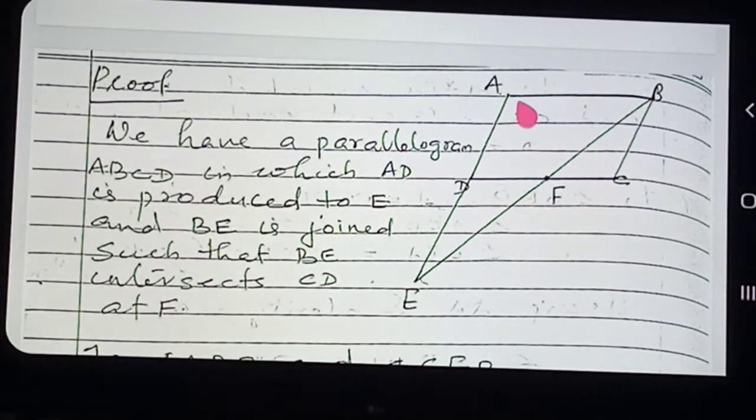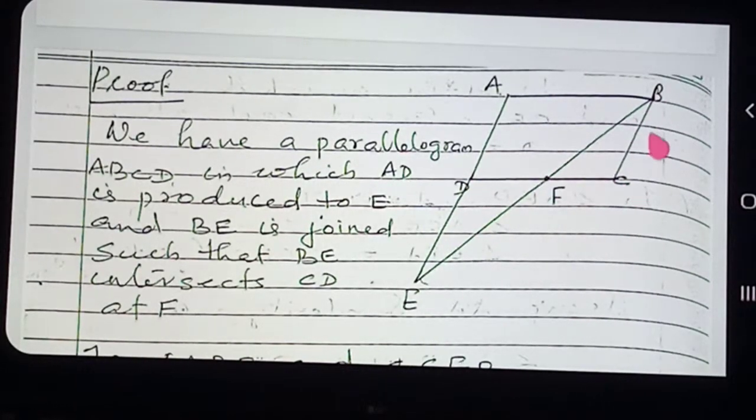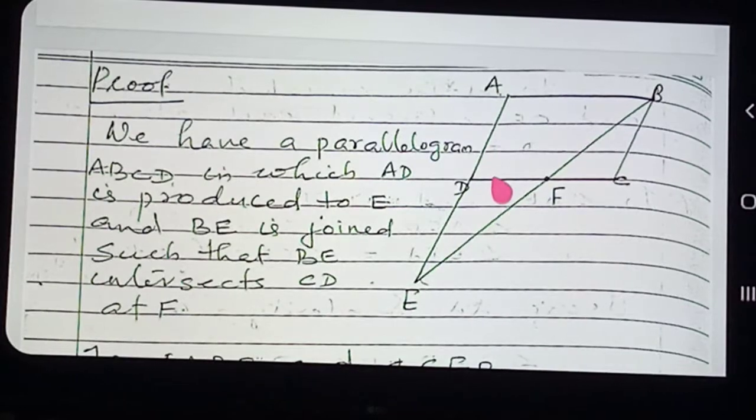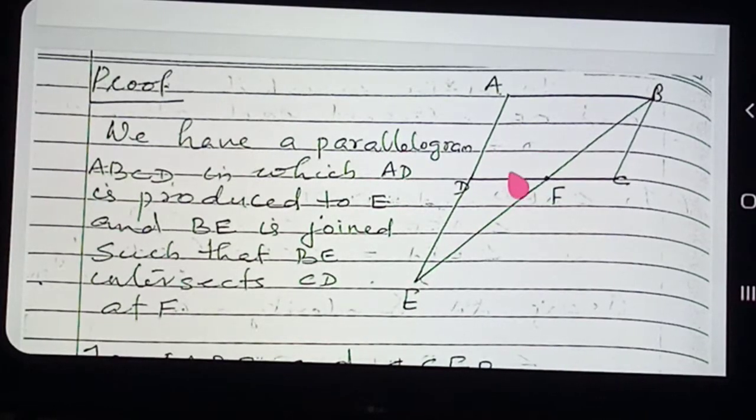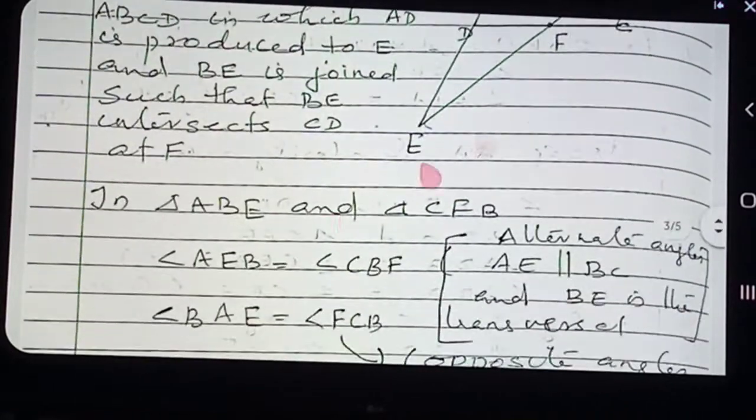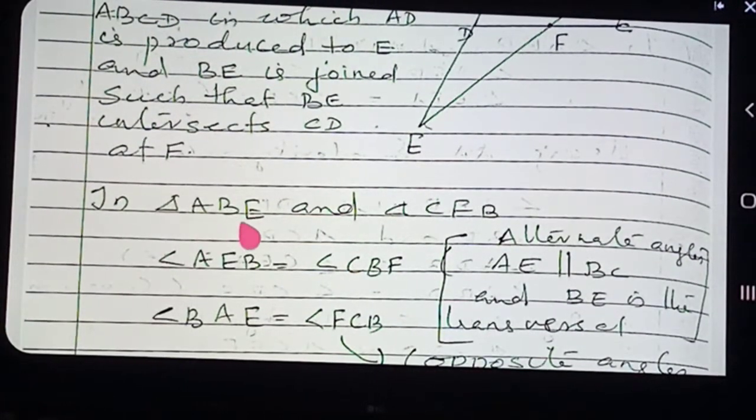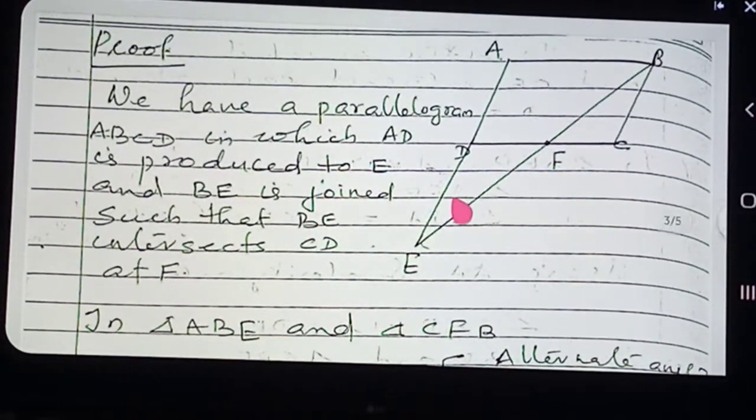Angle A is named BAE. Angle C is named BCF, or you can write FCB. So this angle and this angle are congruent. So you got two pairs of corresponding angles congruent, so the triangles are similar. You can see what I have written here. ABE means this angle.